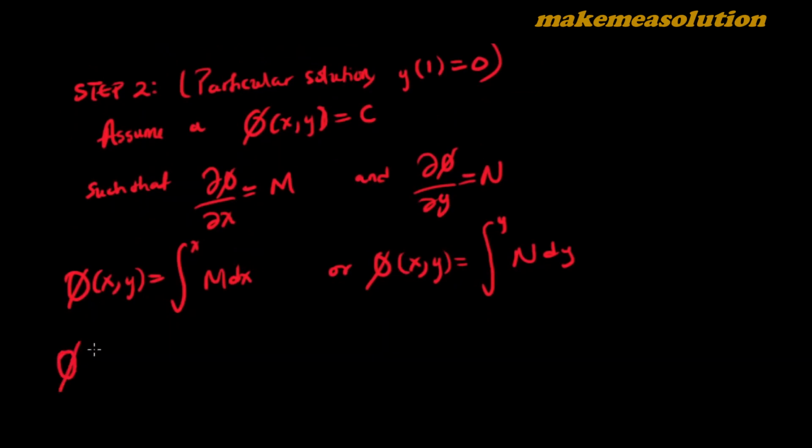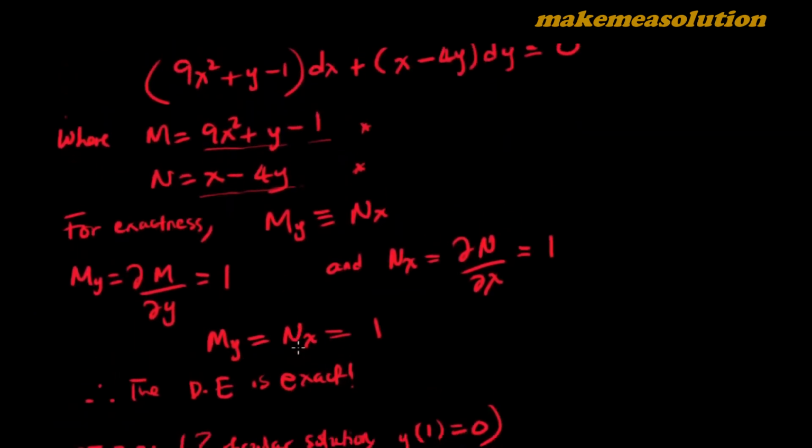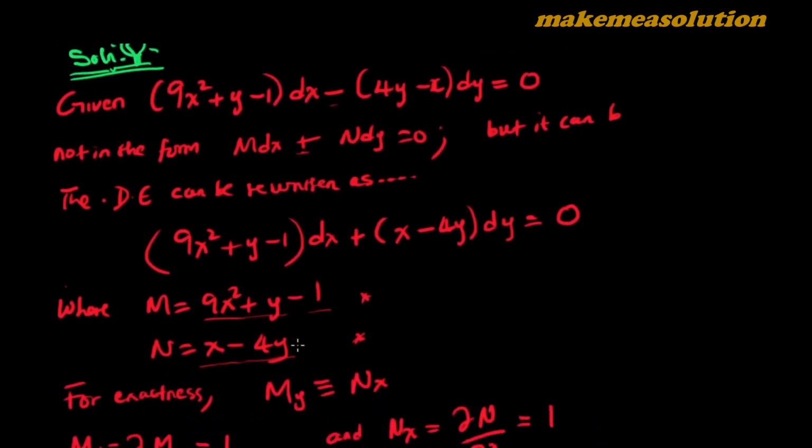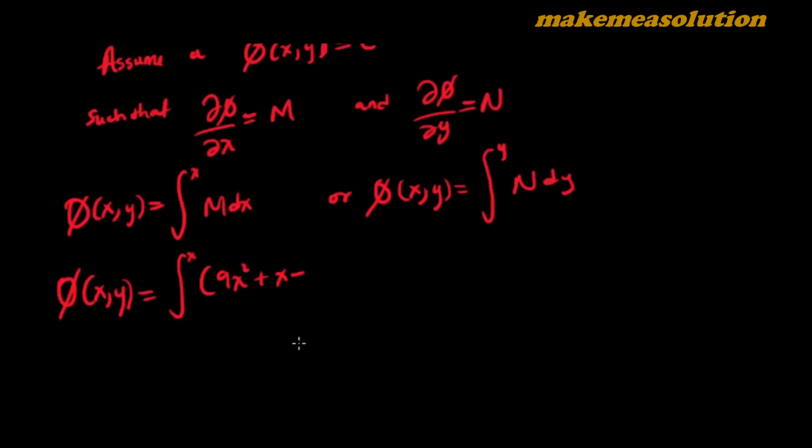So phi of x comma y is equal to the integral partially with respect to x of our m, which is 9x squared plus y minus 1. So we are integrating with respect to x.